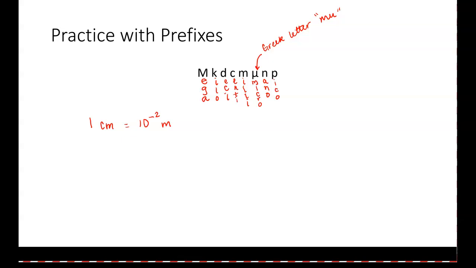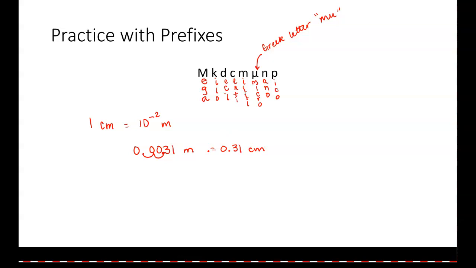So if we have something that we want to convert between meters and centimeters, let's say we have 0.0031 meters. There's an easy way to do this. We can move our decimal place to the right. 1, 2. So we're going to move it 2 to the right. So 0.0031 meters is 0.31 centimeters.